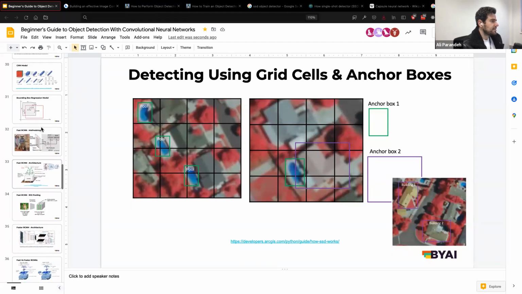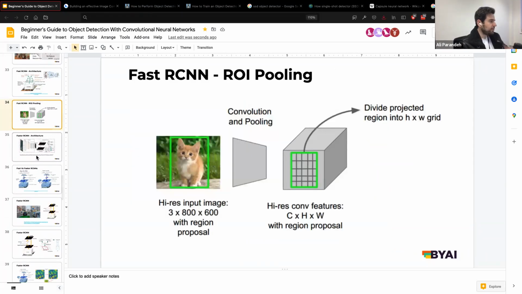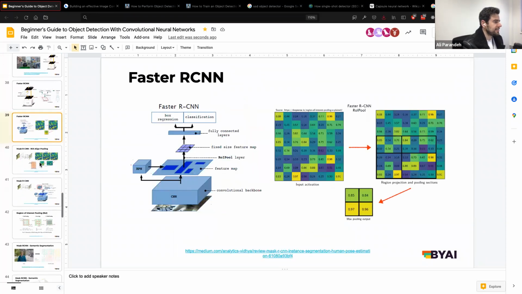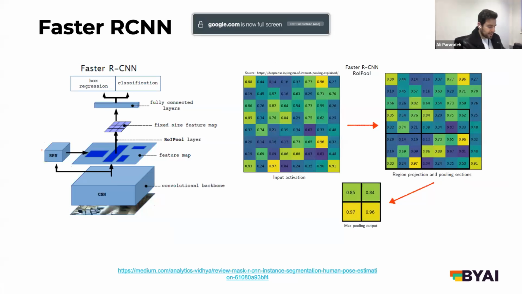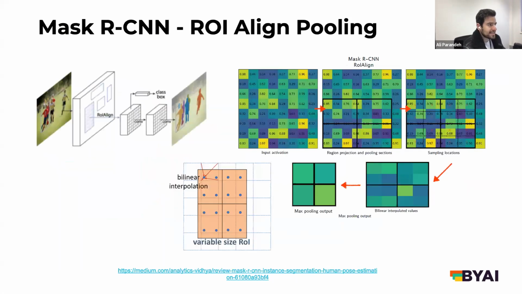Perfect. So before we took a break, we discussed how Faster RCNNs work, and the next stage after Faster RCNNs is Mask RCNNs. With Mask RCNNs, there is one piece that makes them quite different from Faster RCNNs, and that is the way that they perform the pooling.